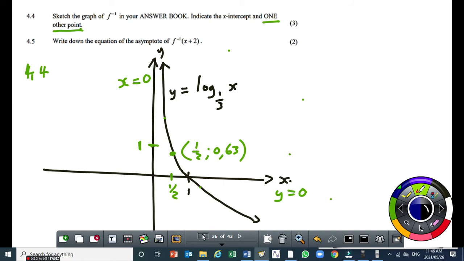To the left. So we will end up having something like this. We are going to have here x equal to minus 1, x equal to minus 2. So the new asymptote is going to be there. Its equation is going to be x equal to minus 2.